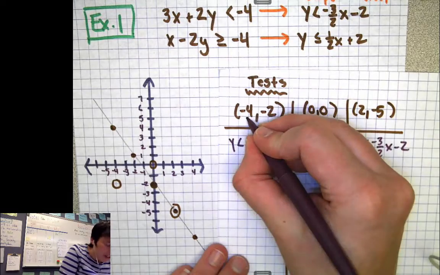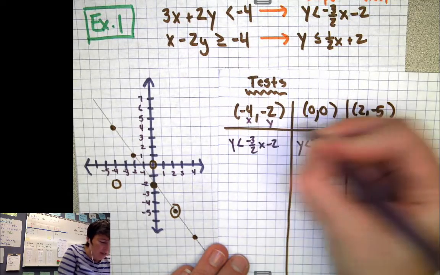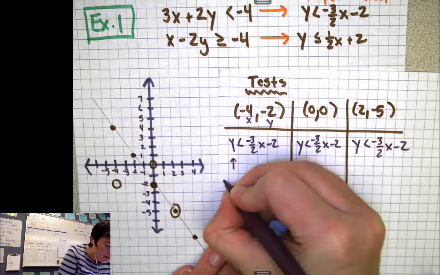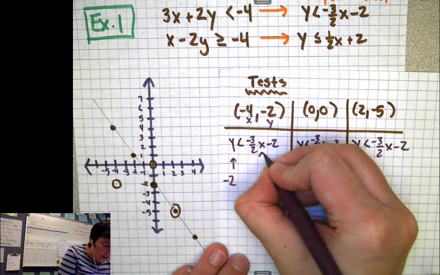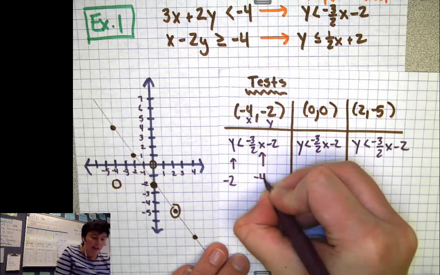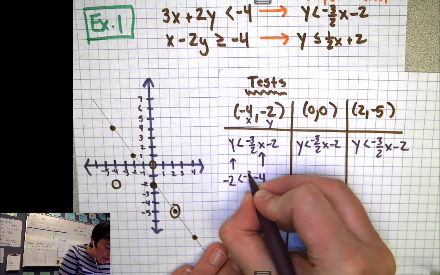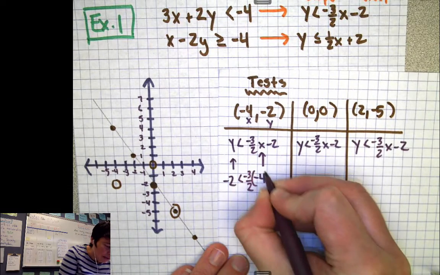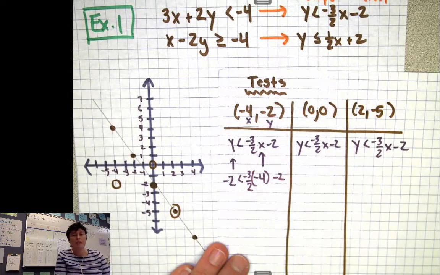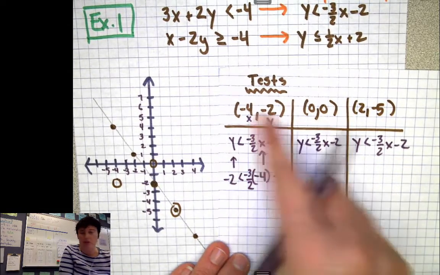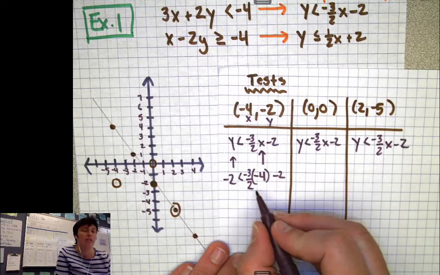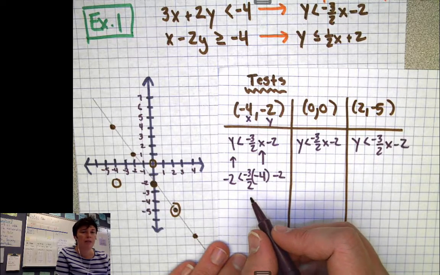So the first one, x is negative 4, y is negative 2. So here's the negative 2. Here is the negative 4. So it's going to be negative 2 is less than negative 3 halves times negative 4 minus 2. Now this is why I picked these even numbers, the 2 and the 4. I picked them because I knew the fraction was going to become a little bit of a problem.